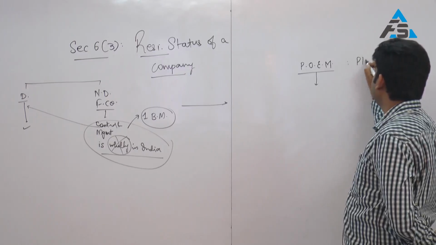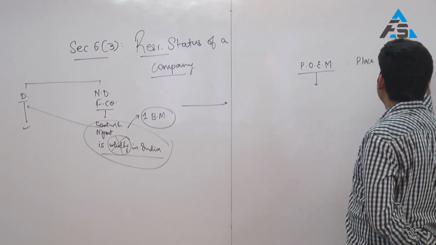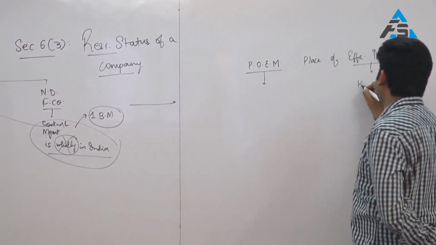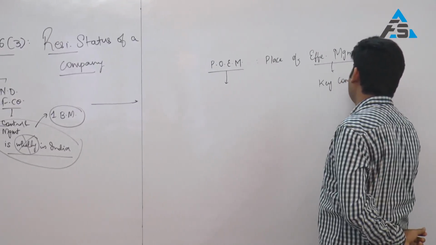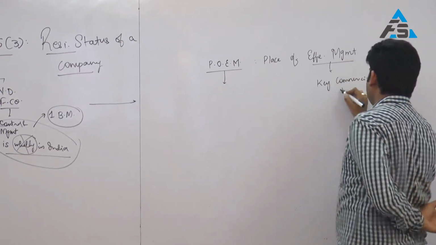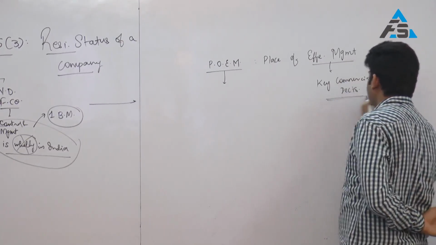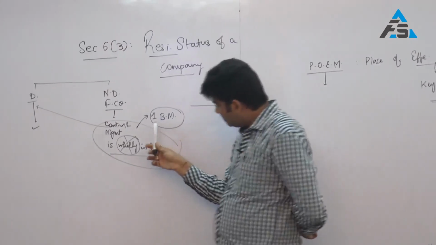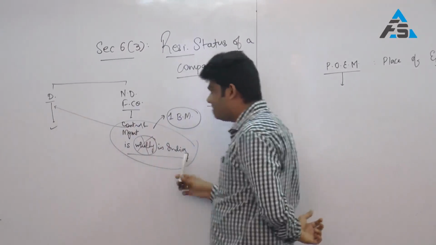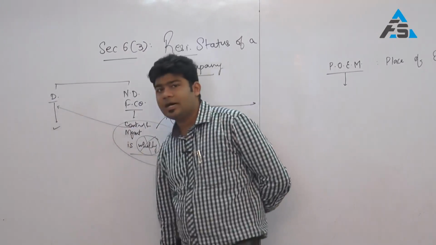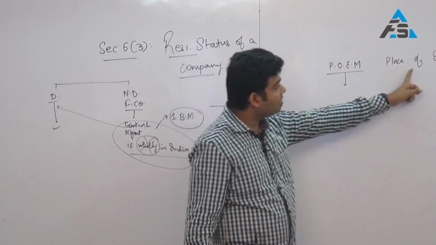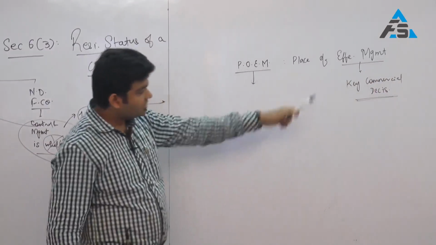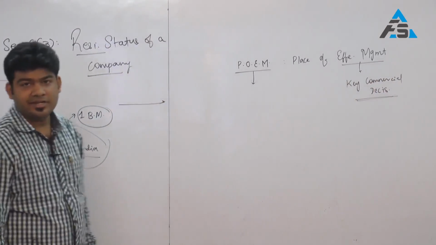It is the place of effective management. So what is place of effective management? The place where key commercial decisions of business are taken. In a scenario where just one board meeting is held outside India, whereas all others are held in India, I will say that yes, key commercial decisions are taken in India. Accordingly, the place of effective management in this scenario is India, because key commercial decisions are being taken in India.